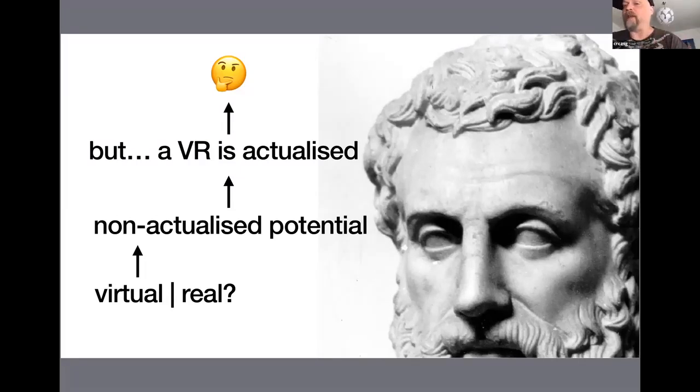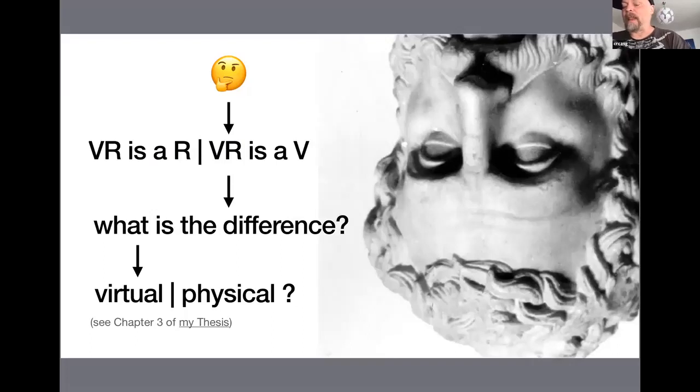But when I'm in VR, I'm actually there. It's actually something real. So it's just not the real. What kind of real could it be? It's either some modality of reality, or it is something virtual, which is outside of reality. So I found this distinction pretty interesting.